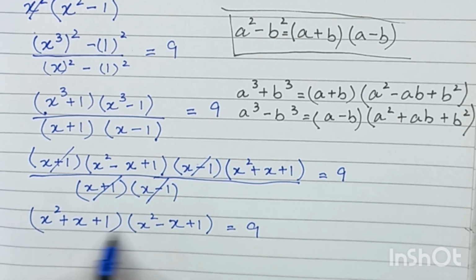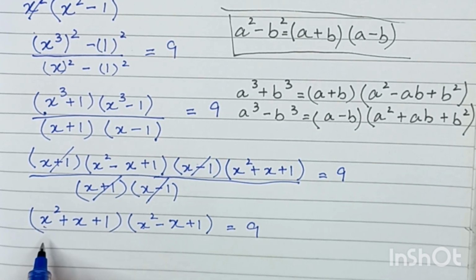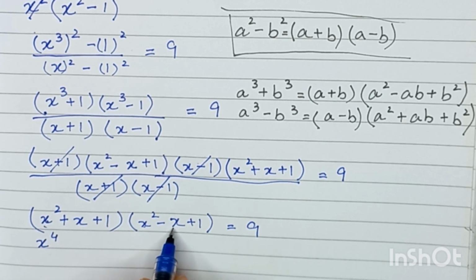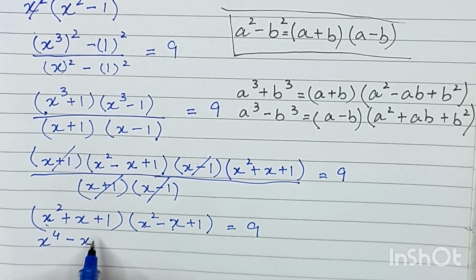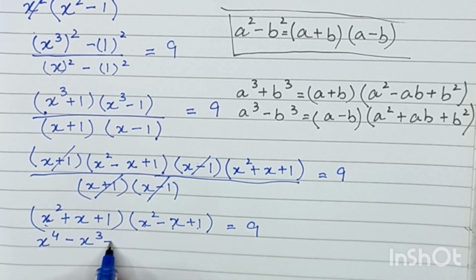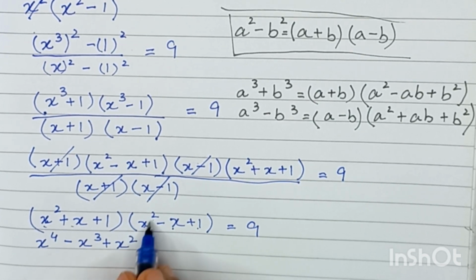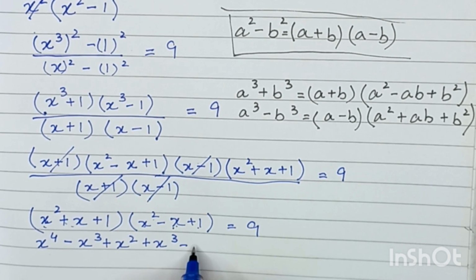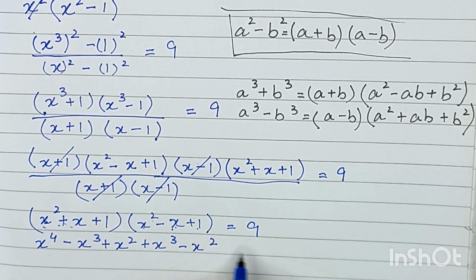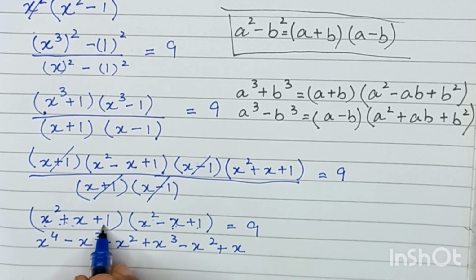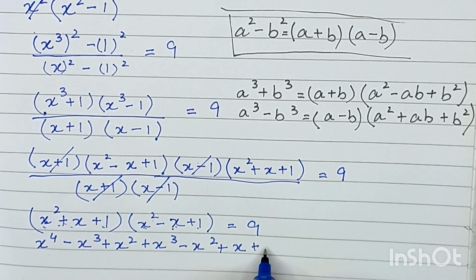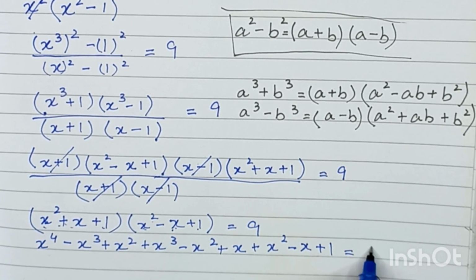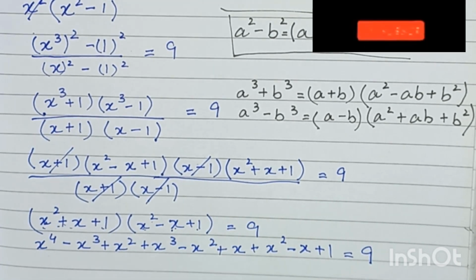Now we will multiply both terms. So x^2 and x^2 will become x^4, and x^2 and minus x will become minus x^3. Similarly, it will become plus x^2, plus x^3, minus x^2 and plus x, and then x^2 minus x plus 1, and it is equal to 9.